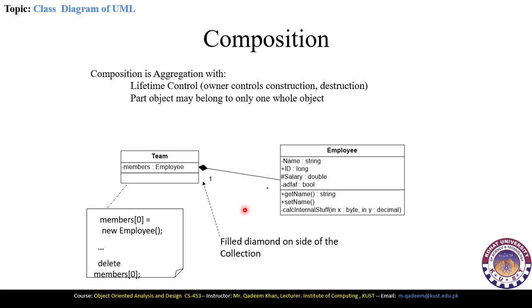Now see the example of composition: the filled diamond is on the side of the collection, because a team contains multiple employees. The filled diamond points towards the side of the collection, and employee is one type which has its list of attributes and functions.